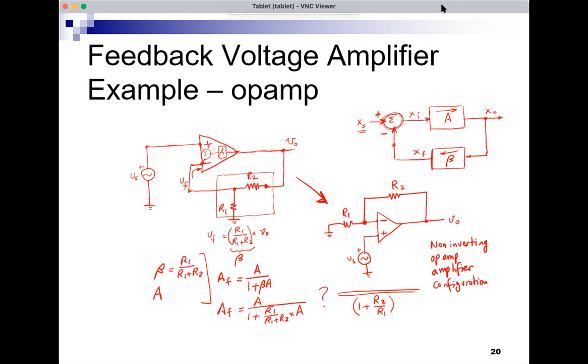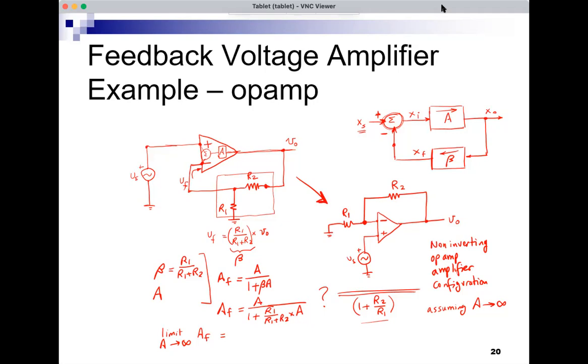So why? Well, there is a very simple reason. When we derived this equation, we assumed that A is infinite. And if I take the limit of AF as A goes to infinity, what do I get?